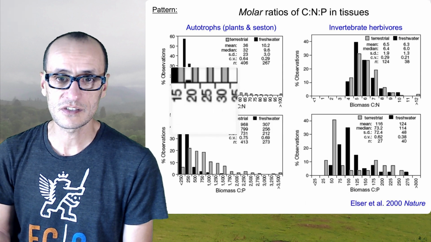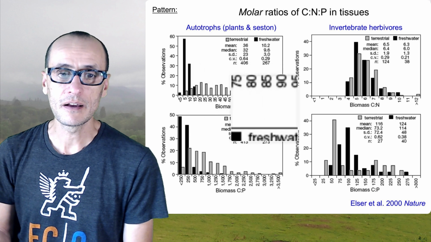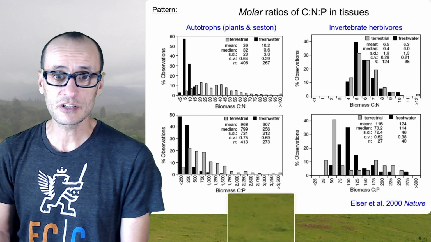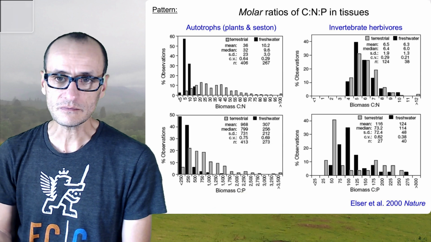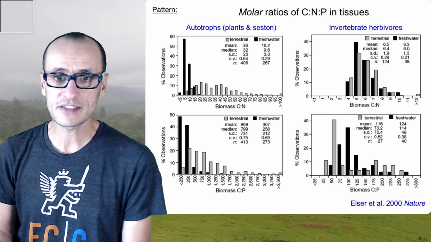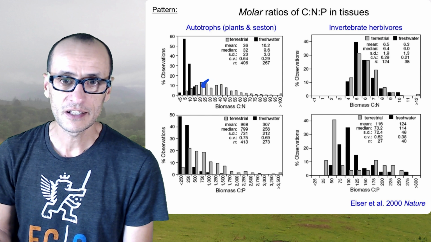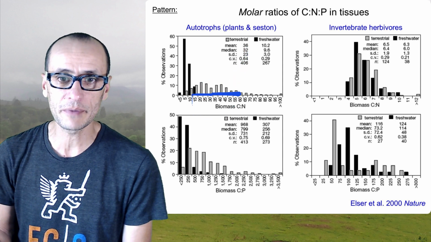So here the numbers get bigger and bigger. And again, a bigger number means the denominator is small in the carbon to nitrogen ratio, which means there's less nitrogen to more carbon. And for terrestrial plants, the average ratio is somewhere here in the 36 range, I think, but there's quite a bit of a spread.